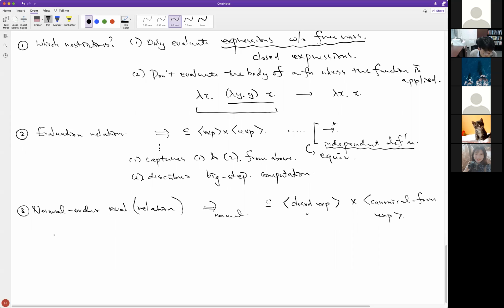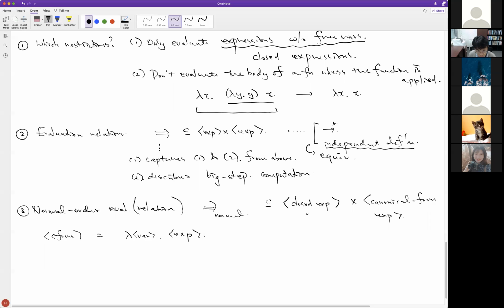Canonical form expression, which I'll just write as can. I think maybe C form is better. So this canonical form is just a lambda expression, variable to expressions. Okay. So what does this mean?